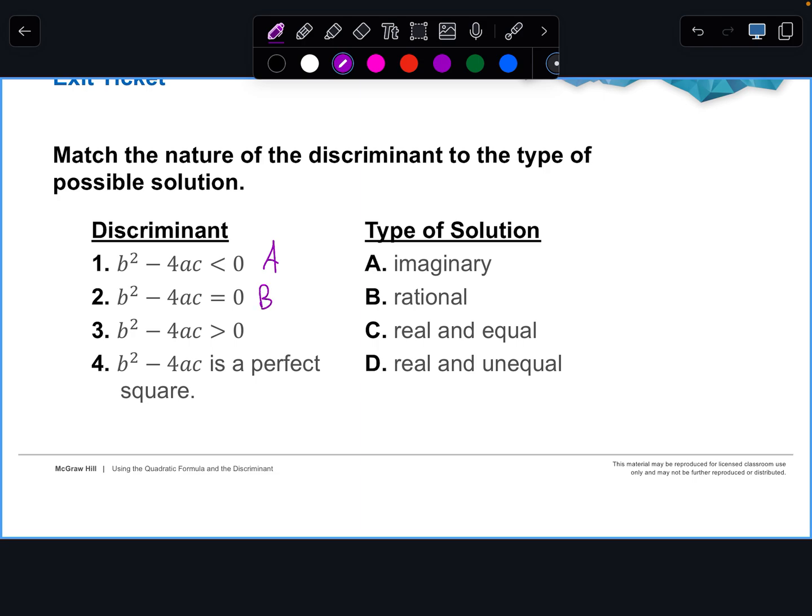And how many will I have? 1. Okay. B squared minus 4AC greater than 0. Real and unequal, right.